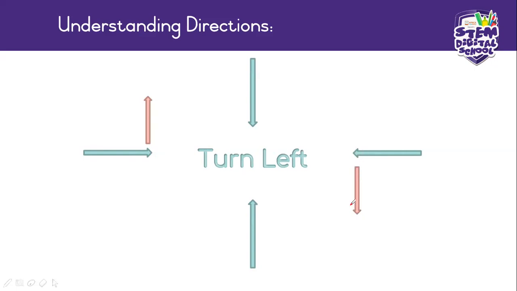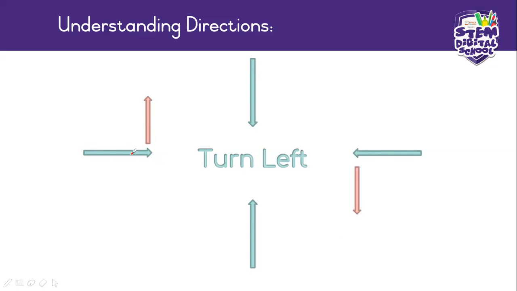So do you guys see that sometimes left is up and sometimes left is down? It depends on where your character is standing. So you always have to see which way the character is facing, and then you have to see where his left or his right is. So if you can remember this, it will be good.